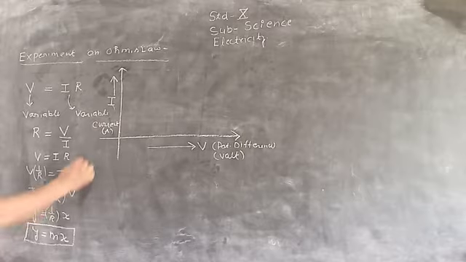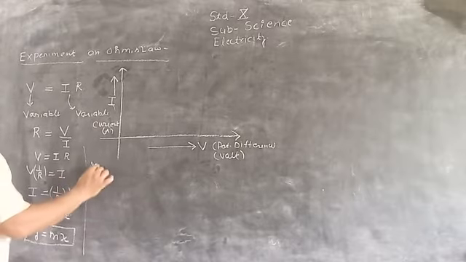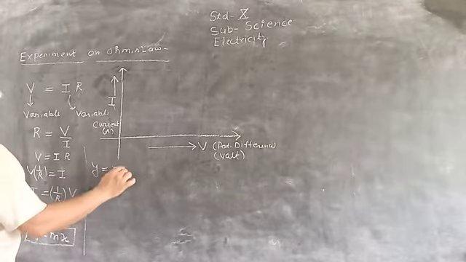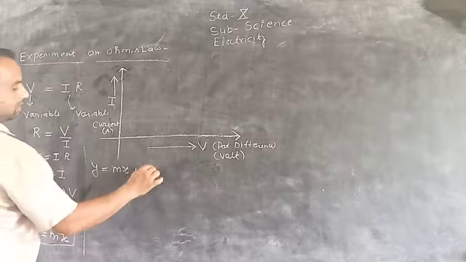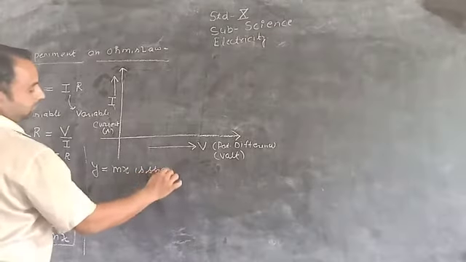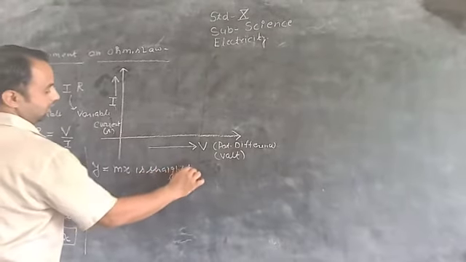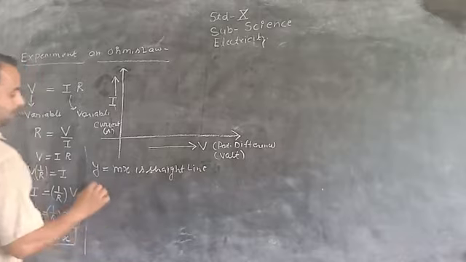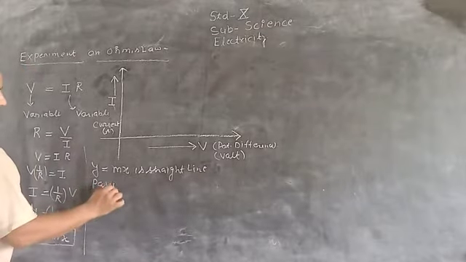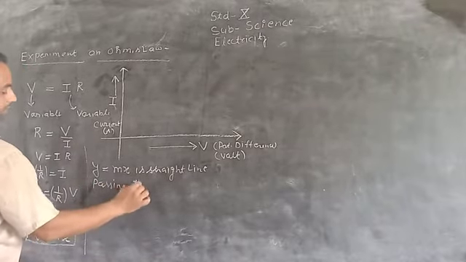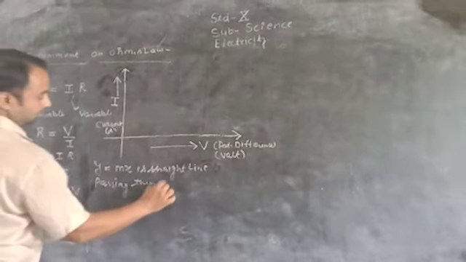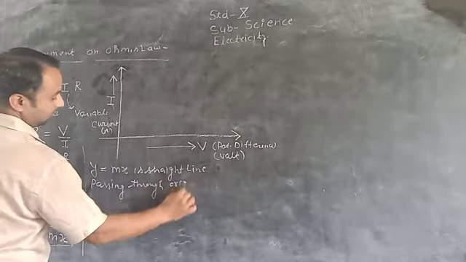It means we conclude that y equal to mx is a straight line passing through the origin.